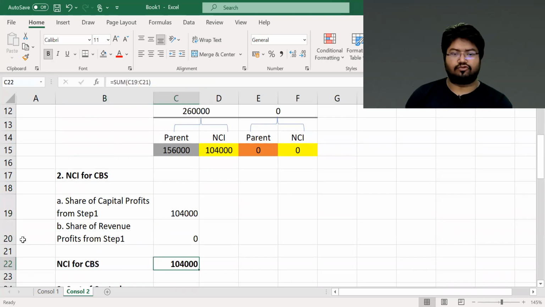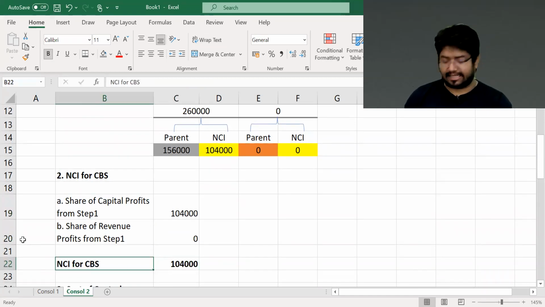Total comes to 1,04,000. That's your NCI for CBS, non-controlling interest for CBS.